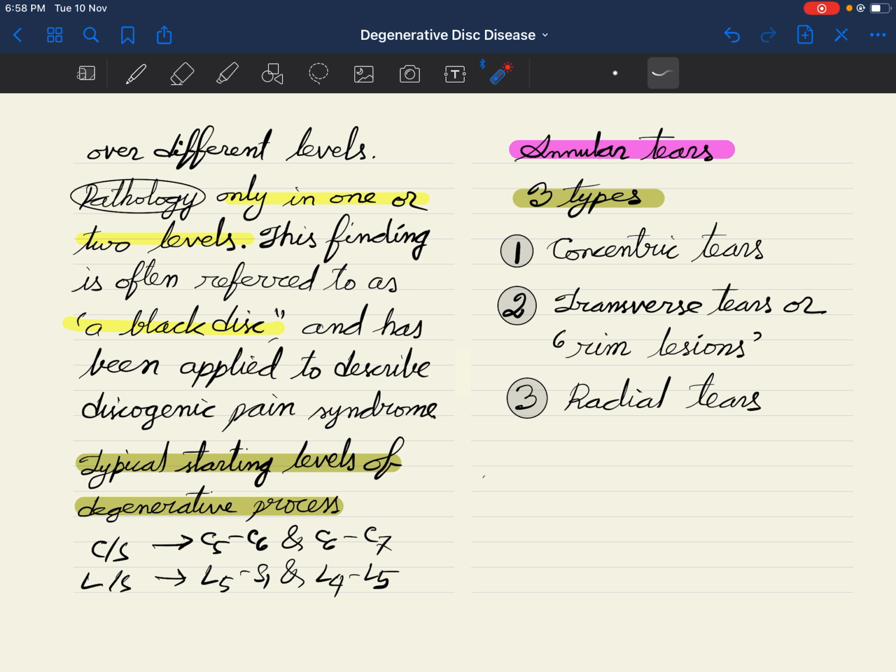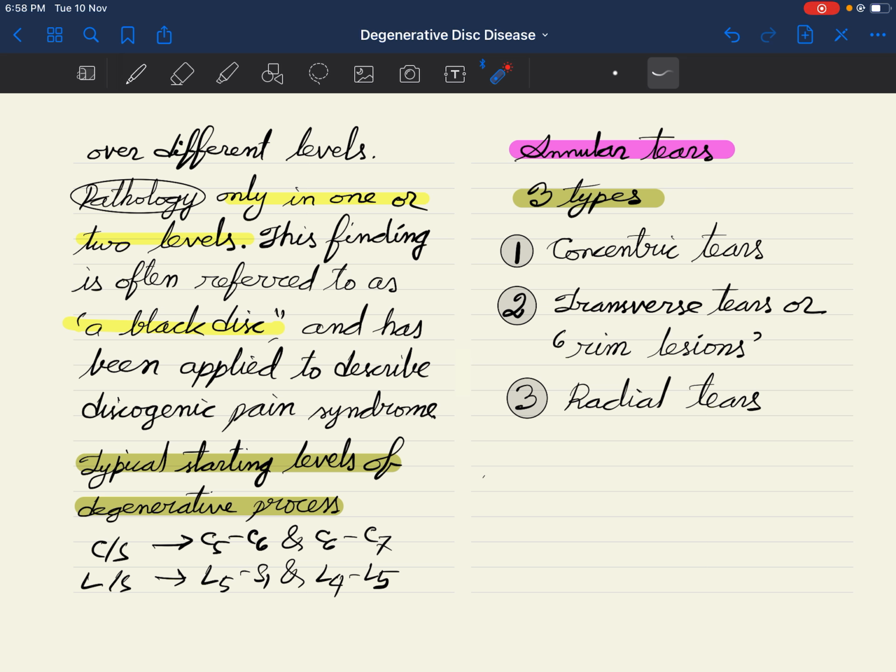This finding is often referred to as a black disc and has been applied to describe discogenic pain syndrome. So this is the cause for discogenic pain syndrome. It is described as such.